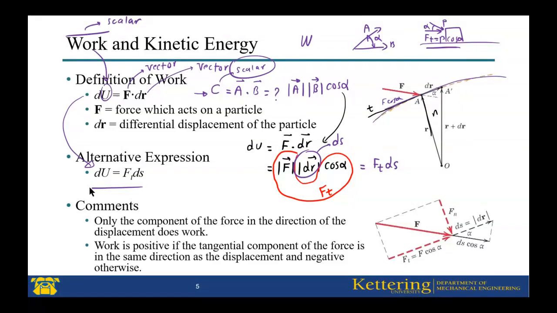Now, these are the notes. Only the component of the force in the direction of displacement does the work. The work is positive if the tangential component of the force is in the same direction as the displacement.